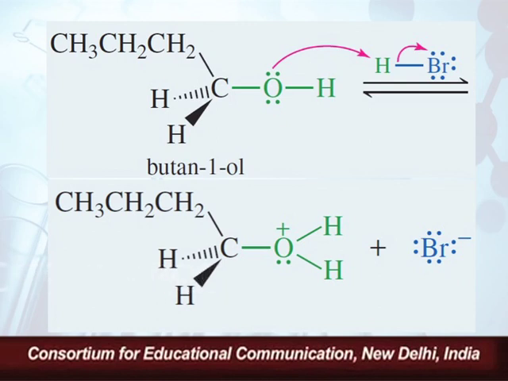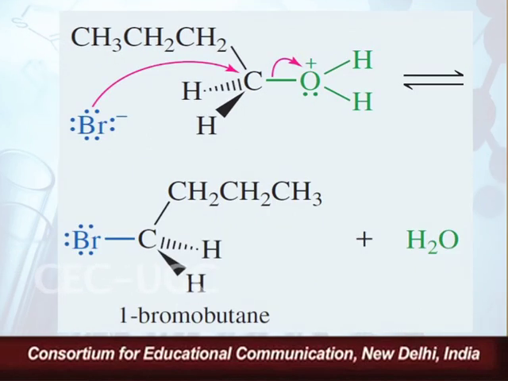1-butanol reacts with HBr, and in this case, the lone pair of electrons on oxygen picks up a proton from HBr, resulting in protonation of the OH group. In the next step, the bromide ion will attack from the opposite side, since this is a primary alcohol and there is no steric hindrance in it.